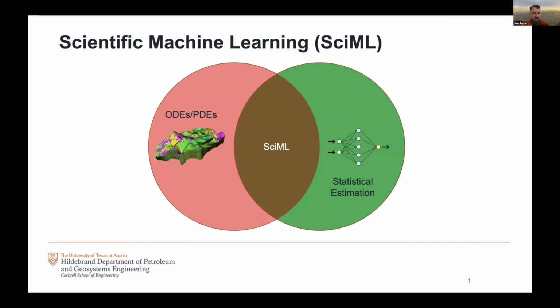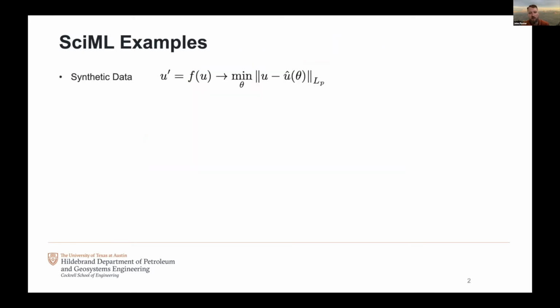There's many others, but that's one example. And then statistical estimation, machine learning, AI, whatever you want to call it, which I've illustrated there as a small neural network. So things that sit at the intersection of these two disciplines are what I'm talking about when I'm talking about scientific machine learning.